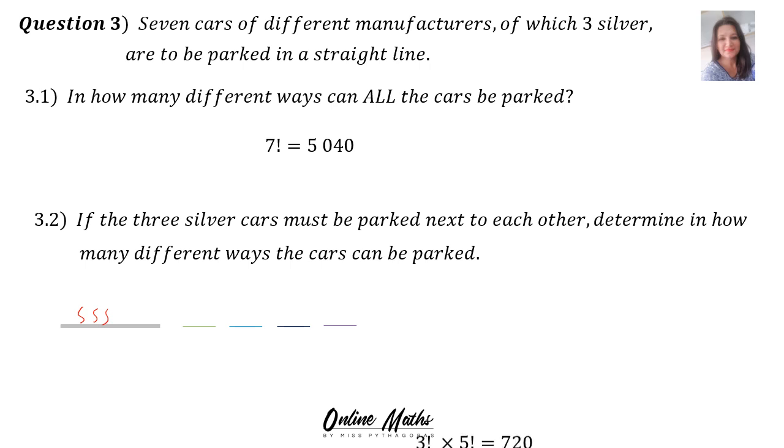And then your answer is 3 factorial, this is for the 3 silver cars, times 5 factorial. Why 5? There's 1, 2, 3, 4 cars left, but then this group where you find the silver cars, they have to form part of this other group. Therefore, there's 3 factorial times 5 factorial, and your answer 720.